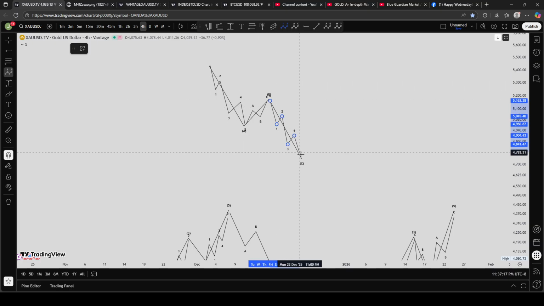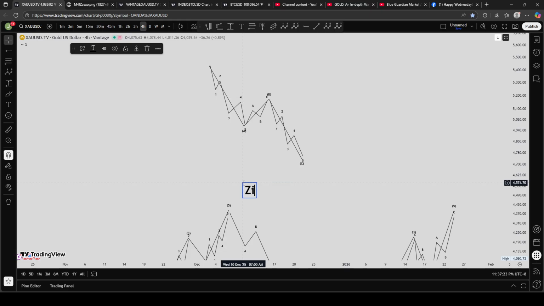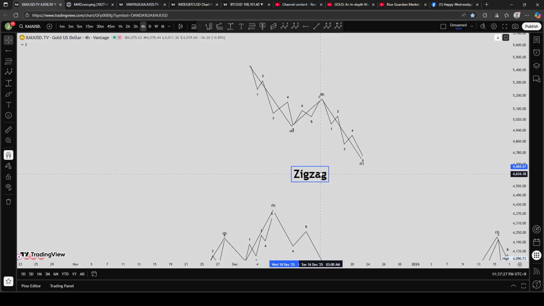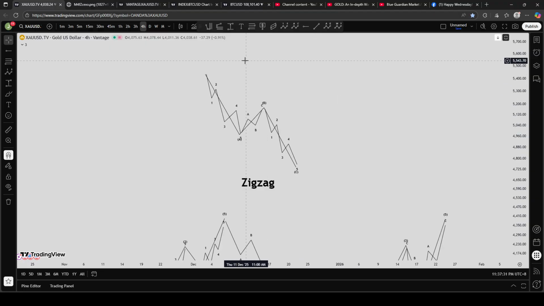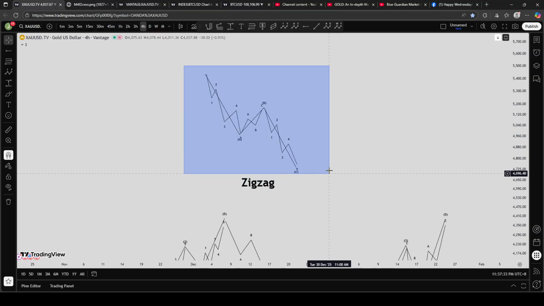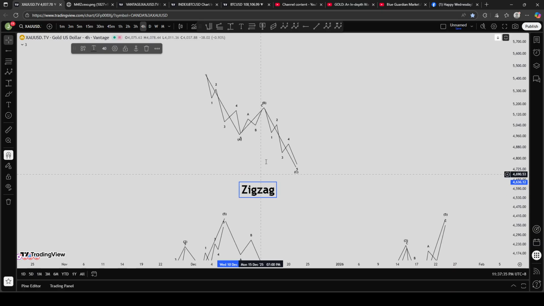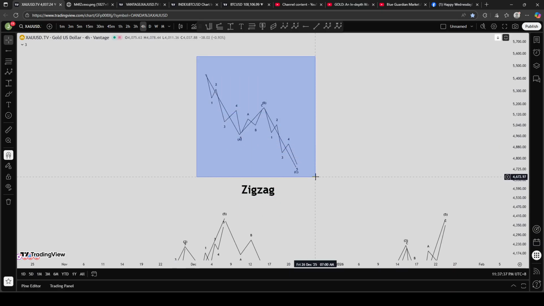So if the structure is 5-3-5, then it's called a zigzag correction.